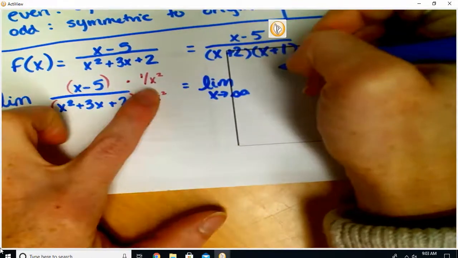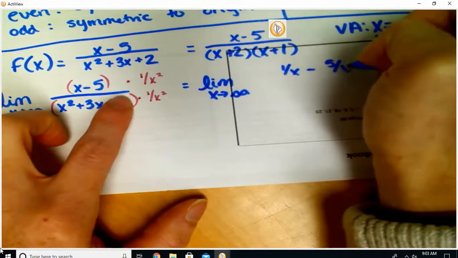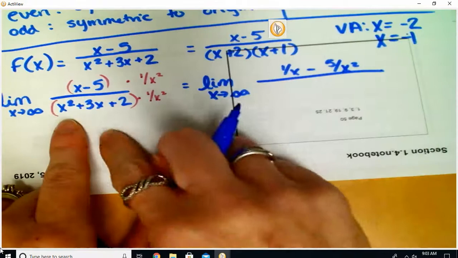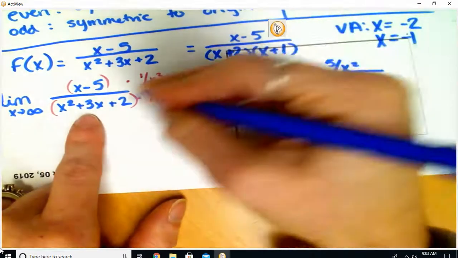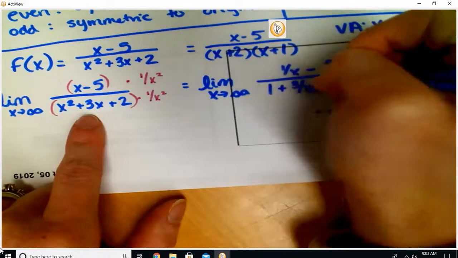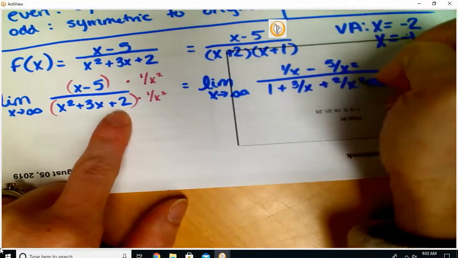So x times 1 over x squared will give me a 1 over x minus 5 over x squared. On the bottom, x squared times 1 over x squared is 1. 3x over x squared, 3 over x, and a 2 over x squared.